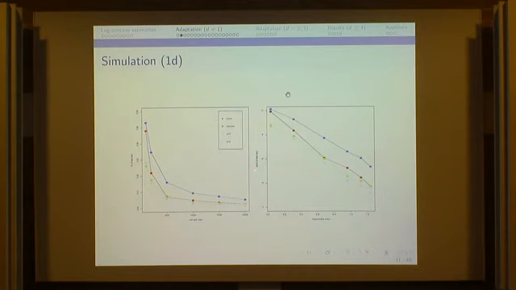It's just because if we think that our risk is like n to the minus alpha rate, then by taking the log of the sample size and the log of the risk, this slope should be equal to minus alpha. This slope should be more or less similar to minus alpha.